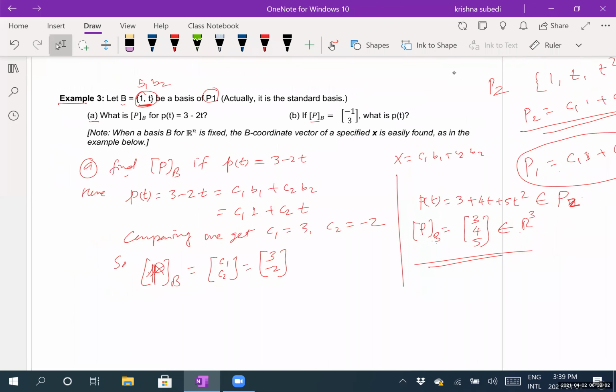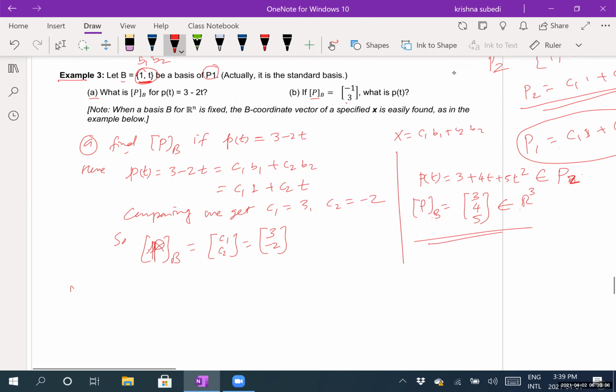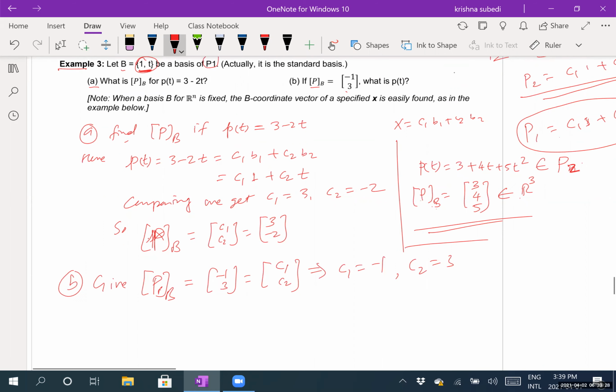Now, if PB equals -1 and 3, what is P of t? So in part B, given PB equals -1, 3, which means we already know that this is C1 and C2 by definition. So this gives me C1 equals -1, C2 equals 3. So all we need to find is P of t.